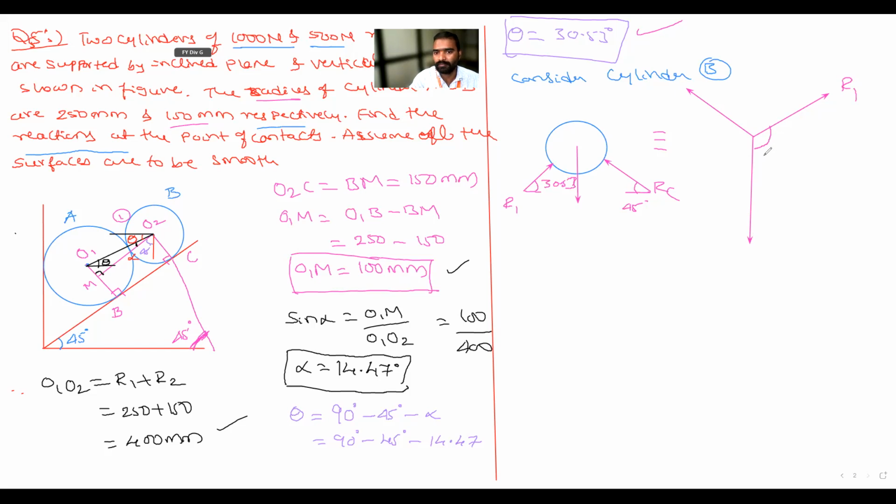That is 90 plus 30.53, 120.53. Next RC with respect to horizontal was 45. With respect to vertical 90 plus 45, that is 135. Then the remaining angle is 360 minus 135 minus 120.53, which gives you 75.53.